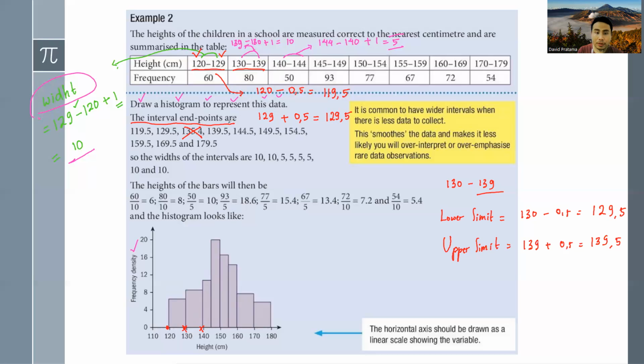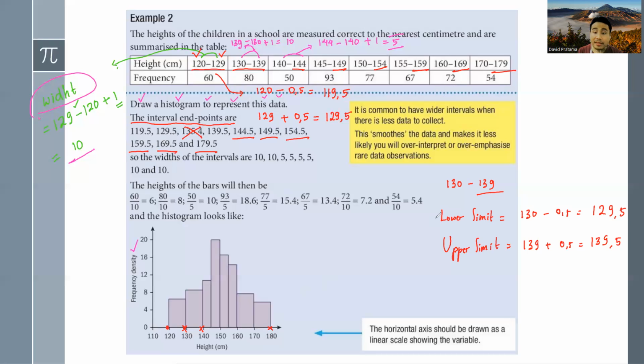You can do the same thing for 144, you will have 144.5. 149, you will have 149.5. 154, you will have 154.5. 159, you will have 159.5. 169, you will have 169.5. 179, you will have 179.5.